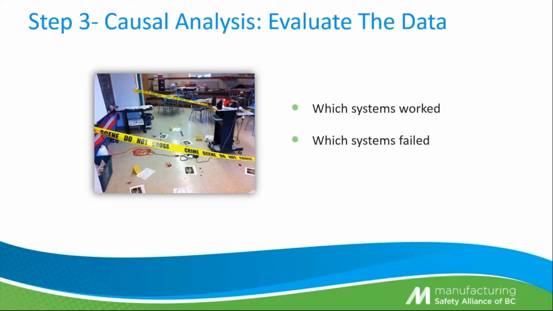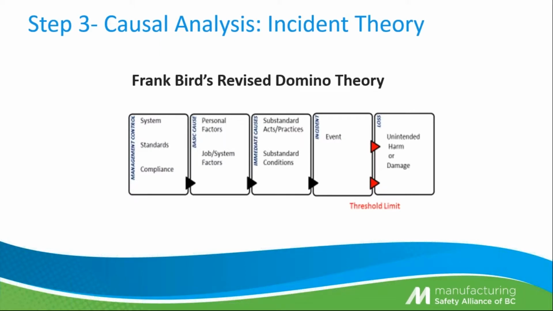Next, step 3. This is the causal analysis. Once we've collected the data, we need to evaluate it. We need to ask questions about which systems worked and which systems failed. Normally, we try to use an incident theory model, and in this case, we're using Frank Bird's revised domino theory.